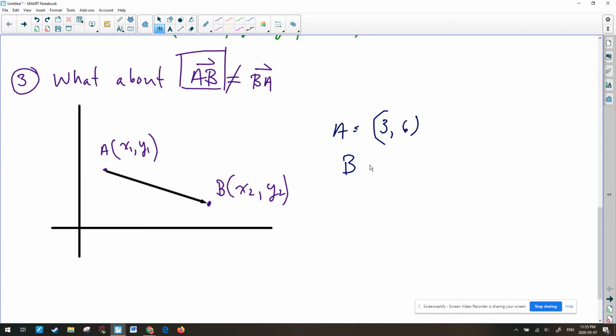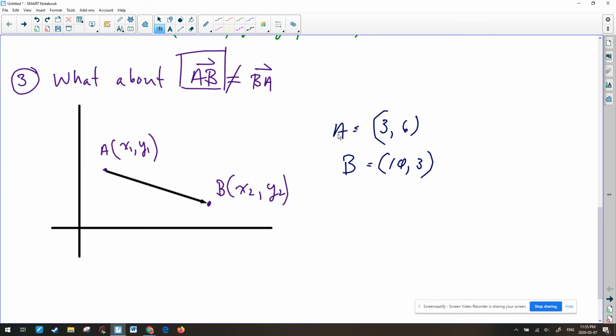So B is at 10 and 3. And I want this vector. Well, it's the distance between these that's really important. So how much further to the right is B than A?